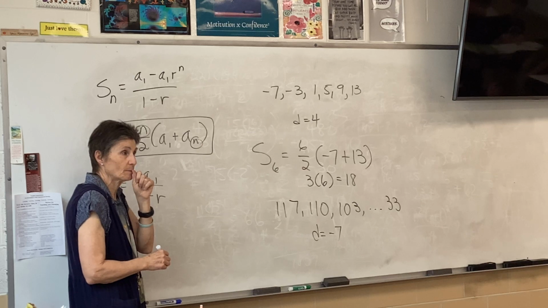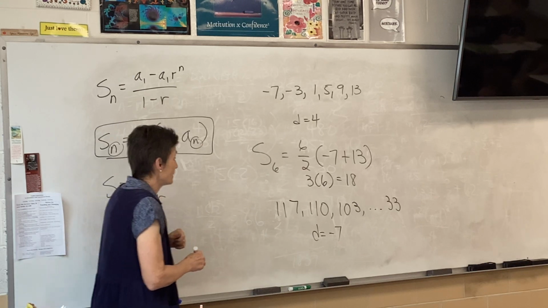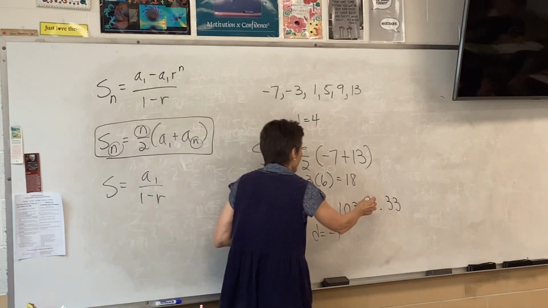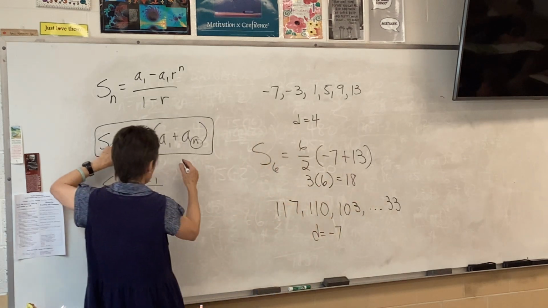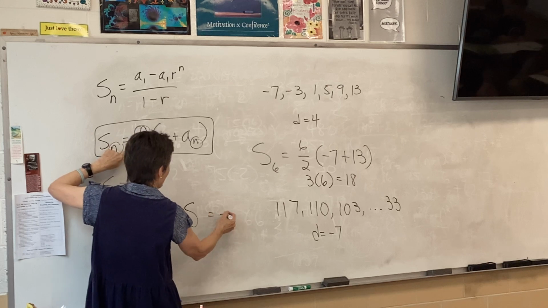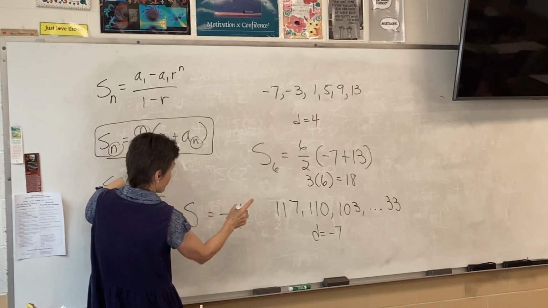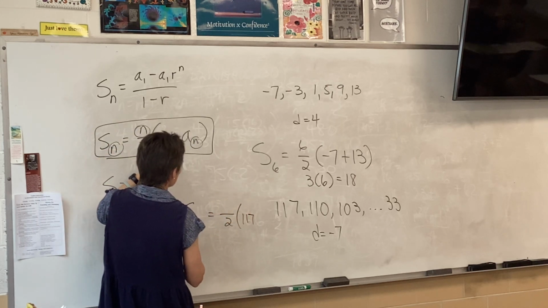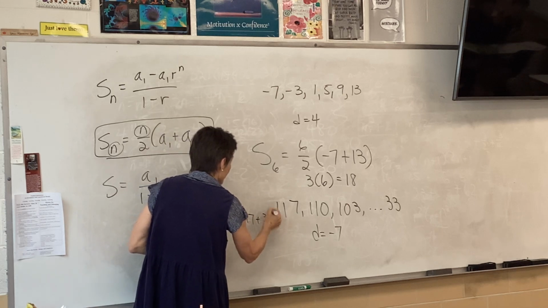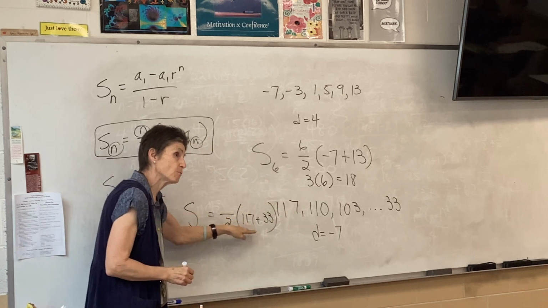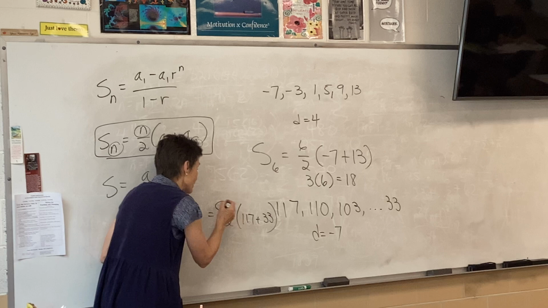Does anybody see what the problem is? I don't know how many there are. I know where I start and I know where I end. So in terms of my formula, I know that my first term is 117 and my last term is 33. So I can do that part of the formula, but I don't know this number.